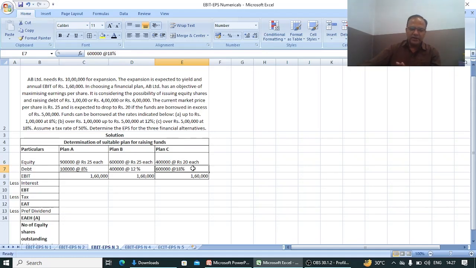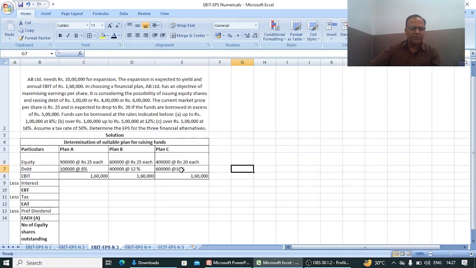This is assumption number one. We can solve this problem with this assumption, and we can solve this problem with another assumption as well. Another assumption says collect rupees 1 lakh at the rate of 8% and remaining 3 lakh collect at the rate of 12%.